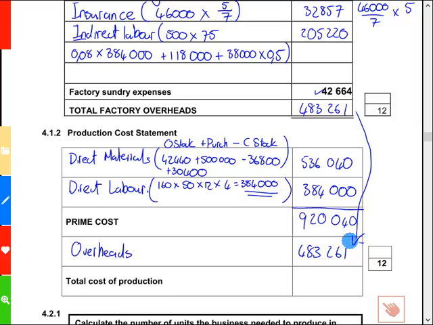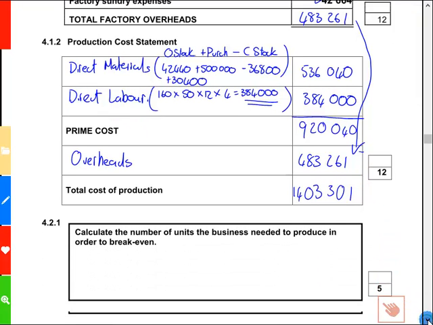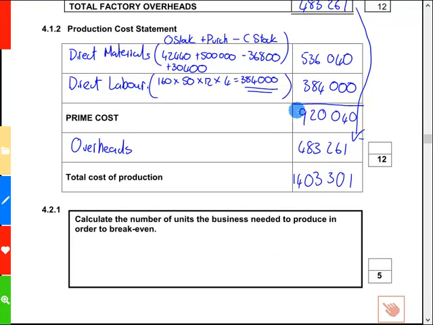Finally, we just total these two figures together, then we get 1,033,014. Okay. Happiness. And that was actually very easy.